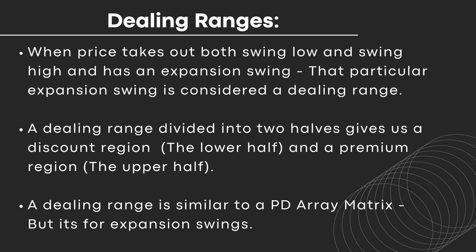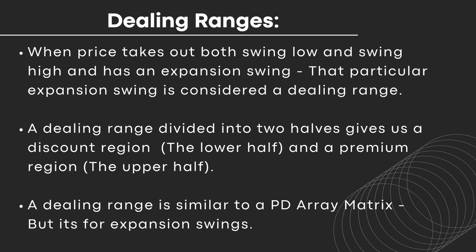So basically, when price takes out both swing low and swing high and has an expansion swing, that particular swing is considered a dealing range. Basically, when you see a move in the market where price takes out both opposing ends of the range, takes out both sell side liquidity and buy side liquidity, and then it expands, that particular swing is considered a dealing range.